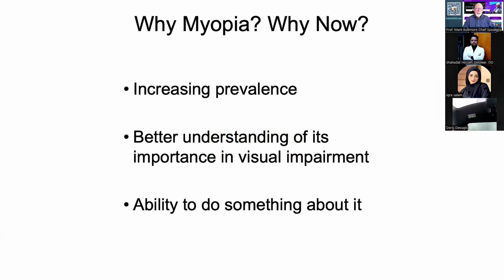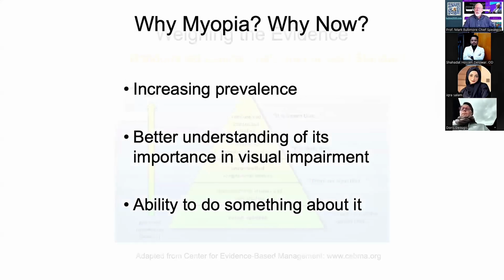We've heard about the increase in prevalence, and Mariam presented some very nice data in her presentation. We also have a better understanding of its importance and the role that myopia plays in uncorrected visual impairment. But finally, we now have the ability to do something about it. So we have interventions that can delay the onset of myopia and also slow its progression.